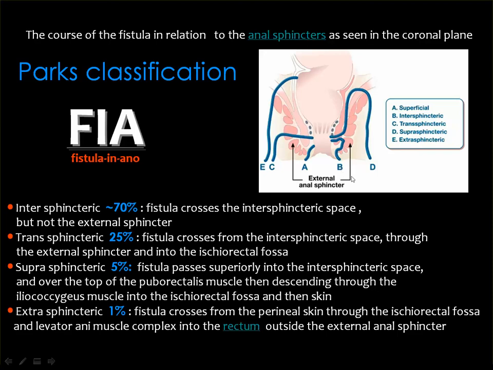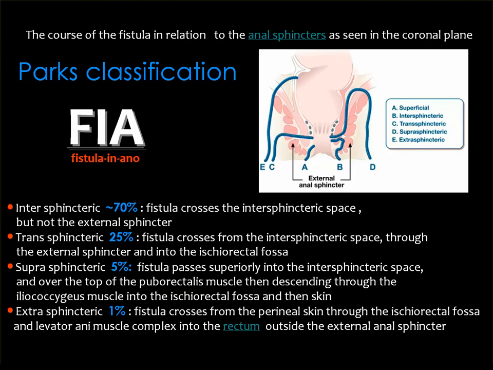to the ischiorectal fossa. This one goes across the internal sphincter and the external sphincter to the adjacent ischiorectal or ischioanal fossa.